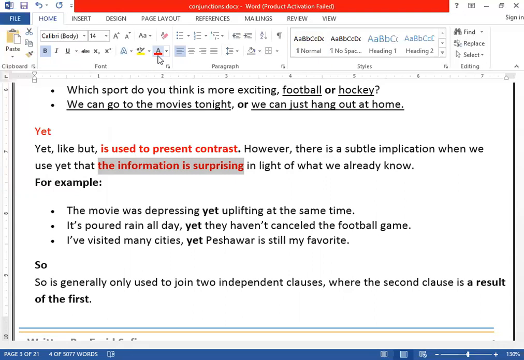The information you have provided in the first clause and the information you want to show in the second clause is surprising. Let's take an example, then you will understand better.